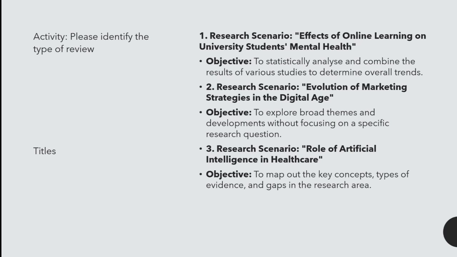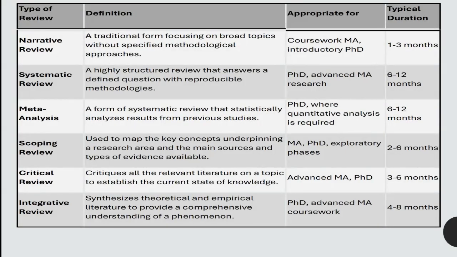Then the role of artificial intelligence in healthcare, to map out key concepts, types of evidence, and gaps. Let's see which review would map out key concepts and potential gaps. That's a scoping review.